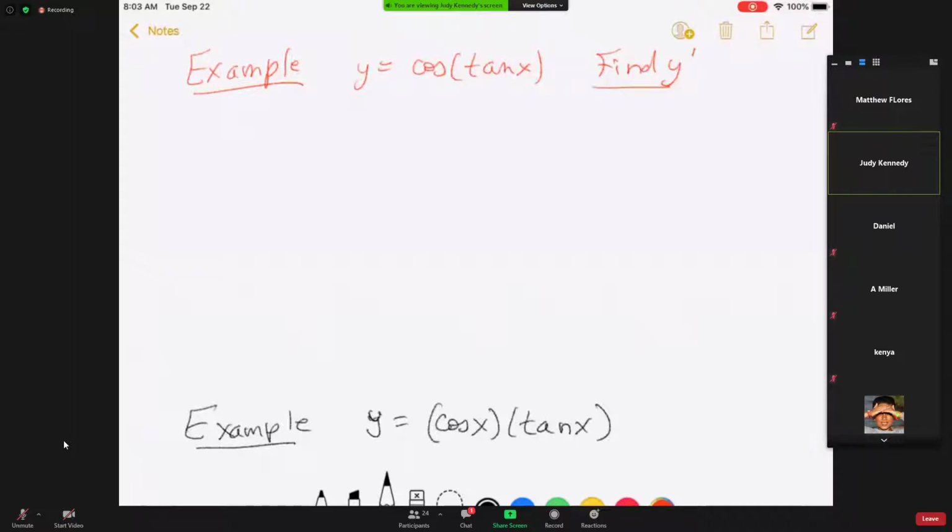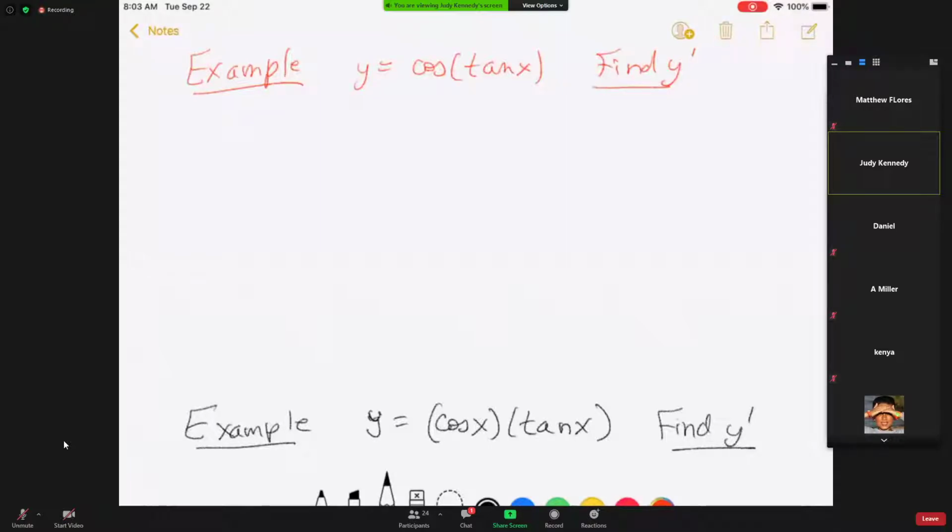In the first example, y is cosine of the tangent of x. In the second example, y is cosine x times tangent x.